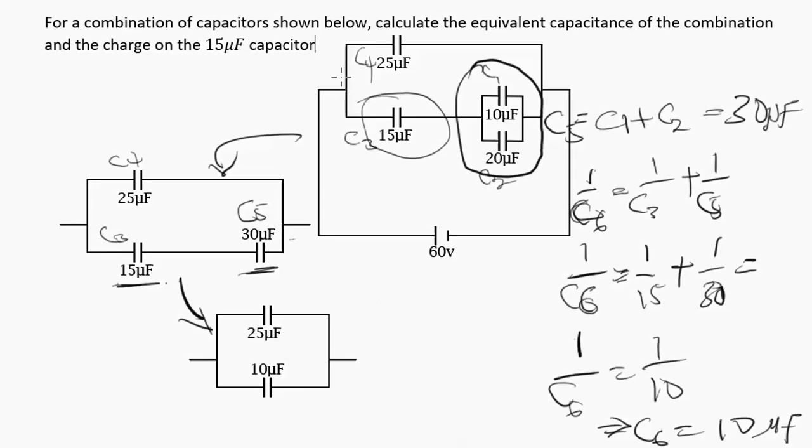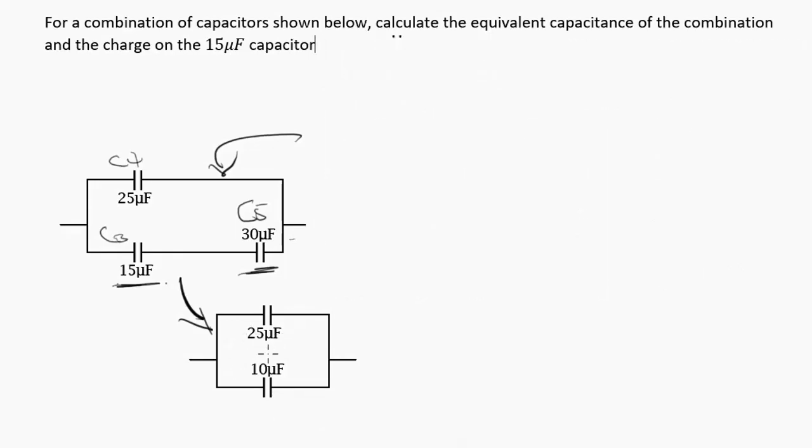Let me wipe this part for space. Here I have 25 microfarad and then I have 10 microfarad. Recall that our C3 and C5 give us C6, and over here is still our C4. So we can get our C7, which is the final capacitance, by adding C4 and C6.